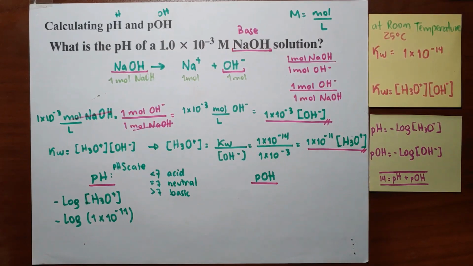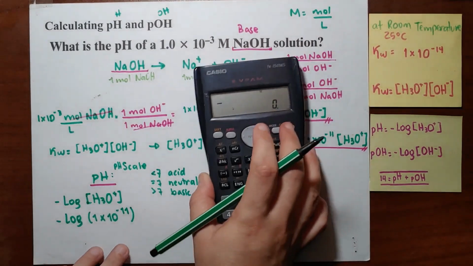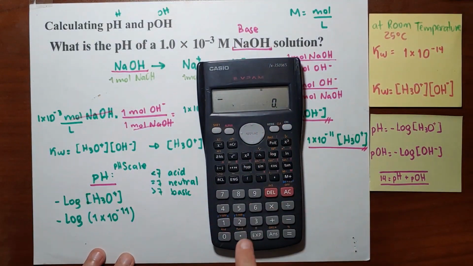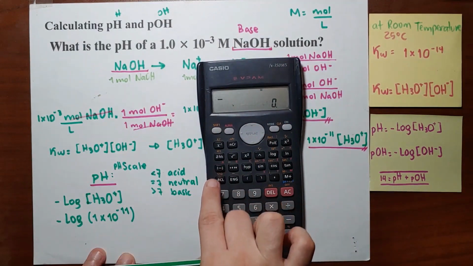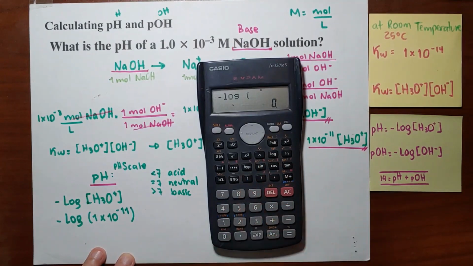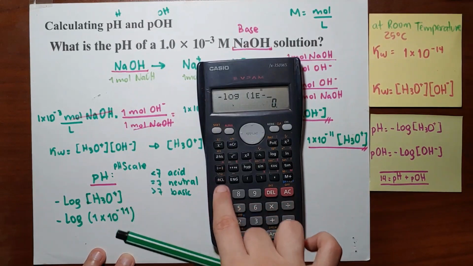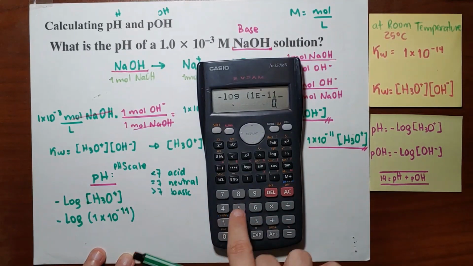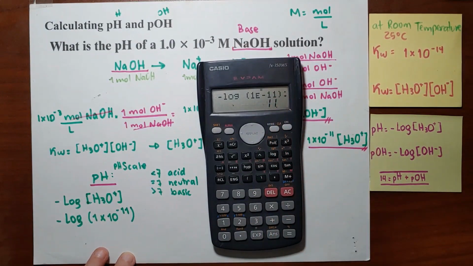So how do we do this in the calculator? Pay attention carefully, my guys. This is negative, this negative here, negative logarithm of parenthesis 1 exponential negative 11 close parenthesis equal. 11.